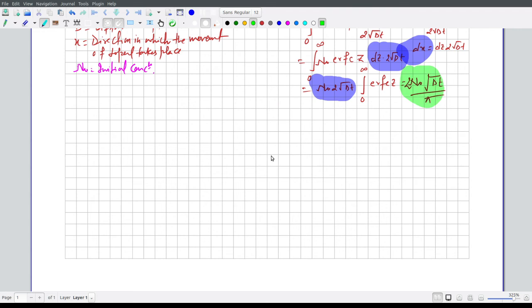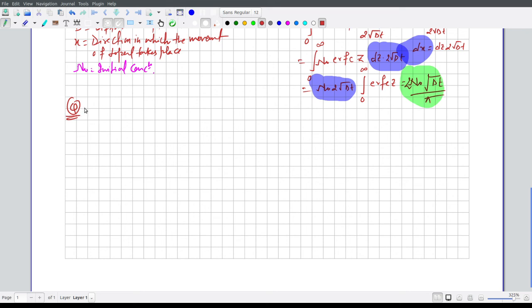Now I am just giving you one numerical question, which I am taking from a VLSI book. It will take very few minutes.